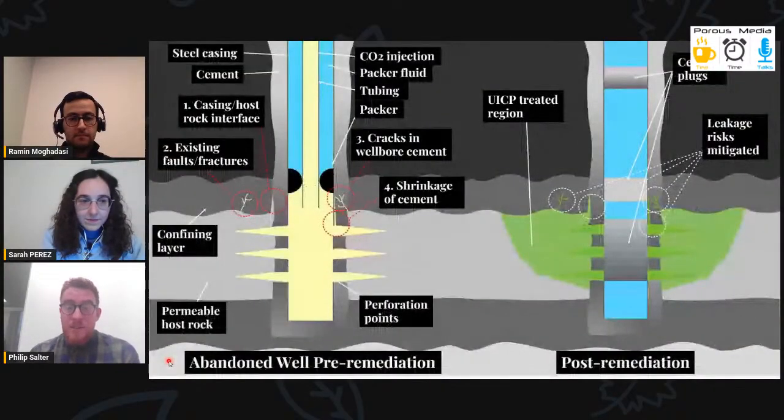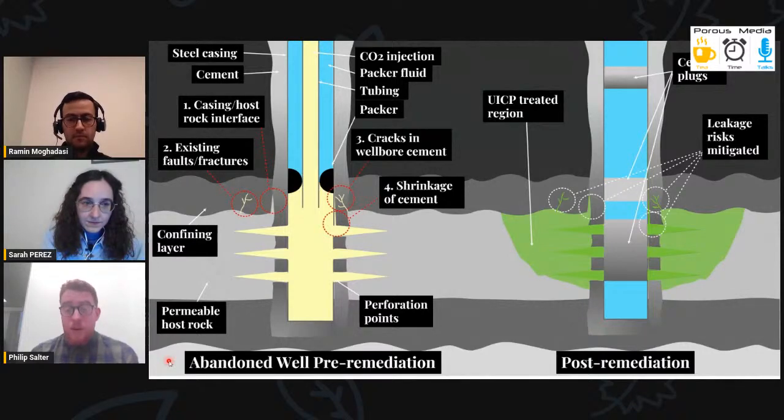Legacy oil and gas wells are often cited as the greatest risk for leakage of geosequestered CO2. There can be gapping at the casing-host rock interface, existing faults and fractures, cracks in wellbore cement, and shrinkage of cement, all of which can act as leakage pathways back to the surface.